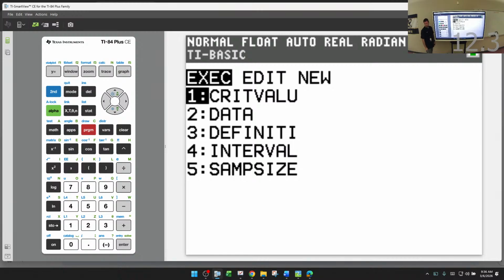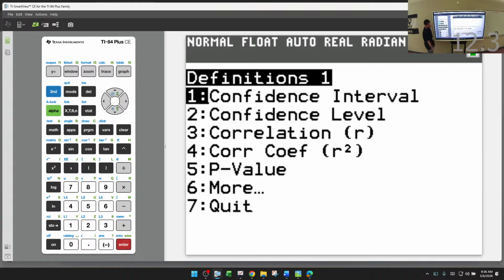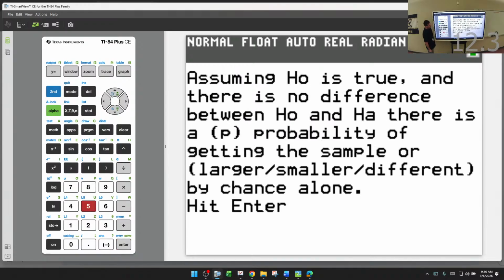Three, defining. If you want to interpret anything, like I forgot how to interpret the p-value: assuming H0 is true and there's no difference between.